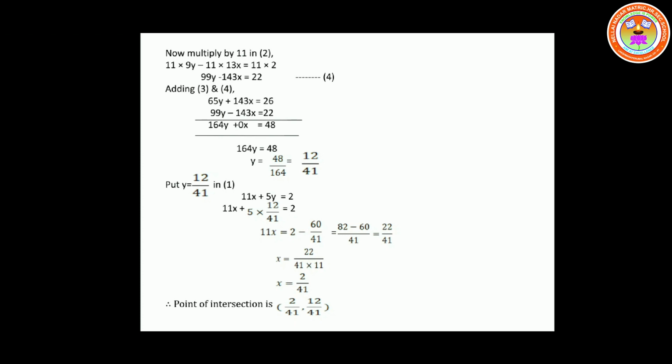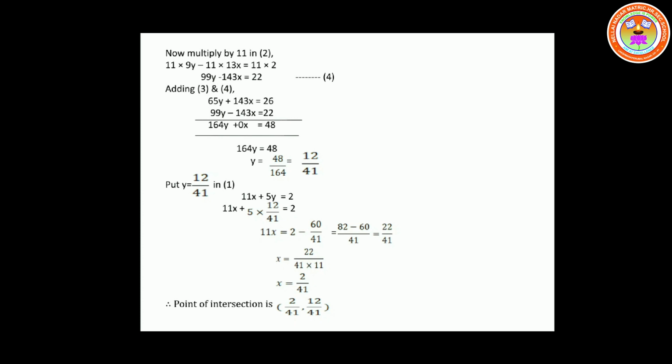When I add it up, it is 164y, and that is equal to, my RHS becomes 26 plus 22 is 48. Next, I need to find what is the value of y. So y is equal to 48 divided by 164. So when I simplify, the answer is 12 by 41. Now I have got the value of y is equal to 12 by 41.